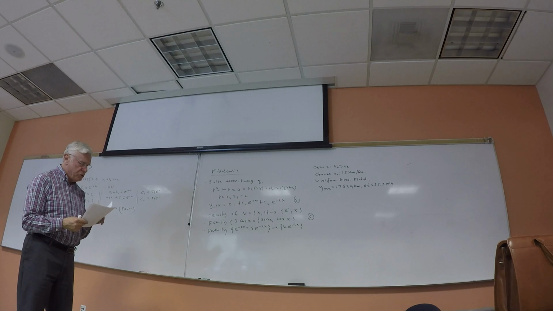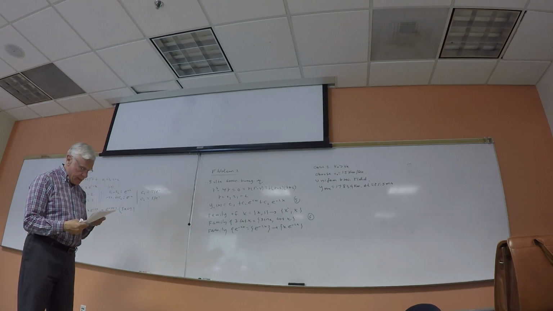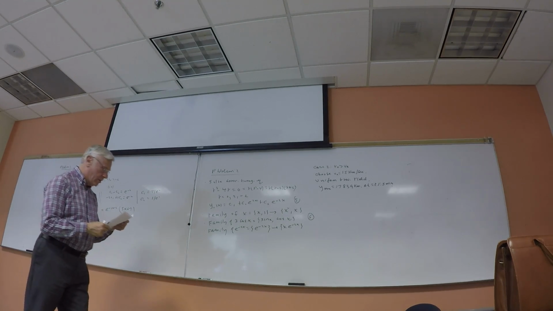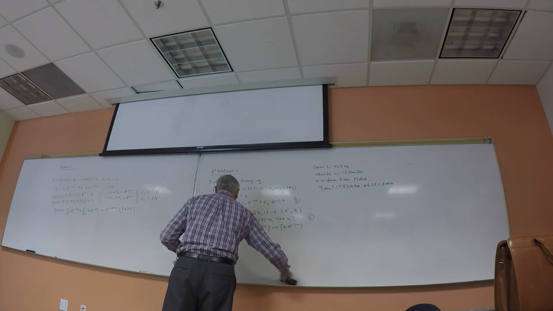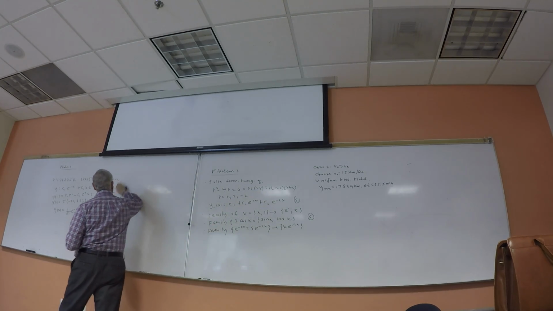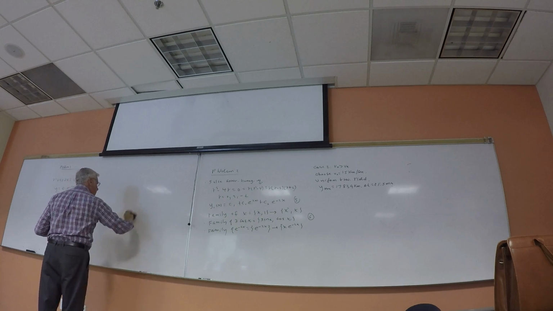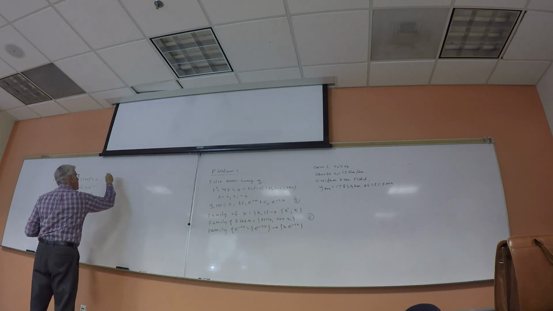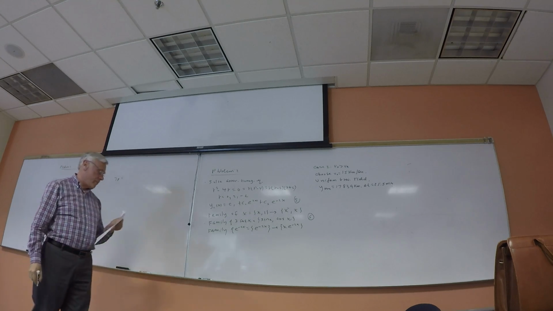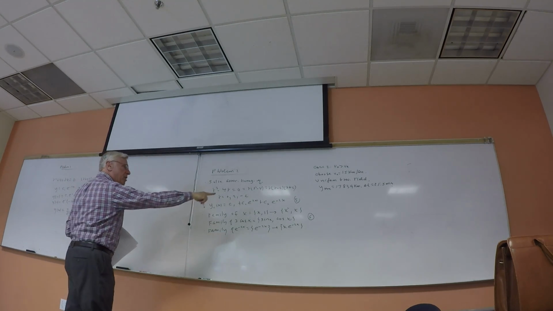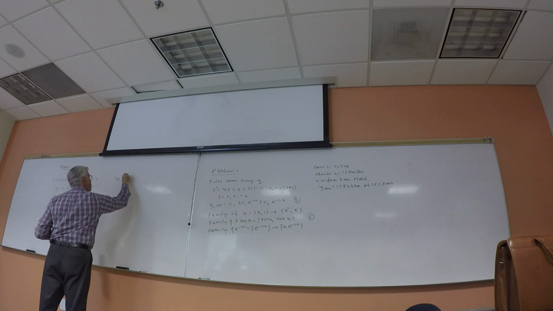Again, I'm not going to put all the algebra there, okay? Particular solution. I'll come up with it here. The form of the particular solution has to be what? Ax squared plus bx for the first family, right?